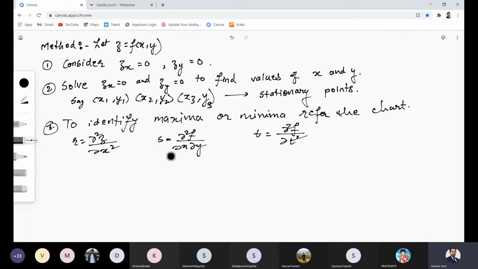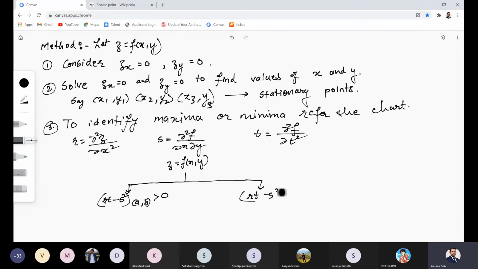Now, so we'll have three cases. Z is equal to f of x,y. We check rt minus s square at a comma b: either it is greater than 0, or rt minus s square is less than 0.